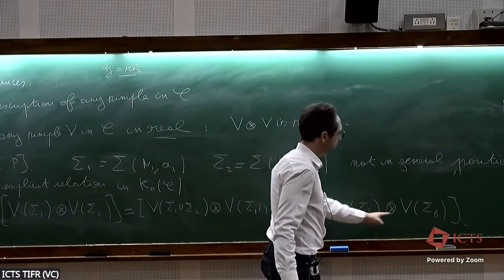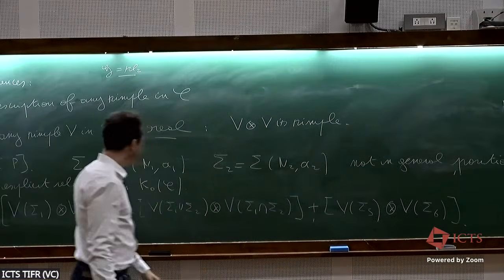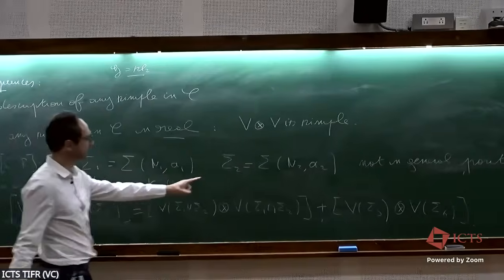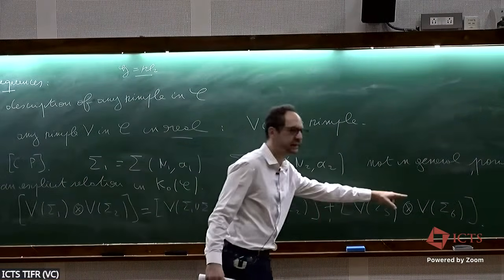Sigma 5 and sigma 6 are some other Q segments, which can be explicitly described from sigma 1 and sigma 2. So maybe if there are questions tomorrow, I can say how they are defined.